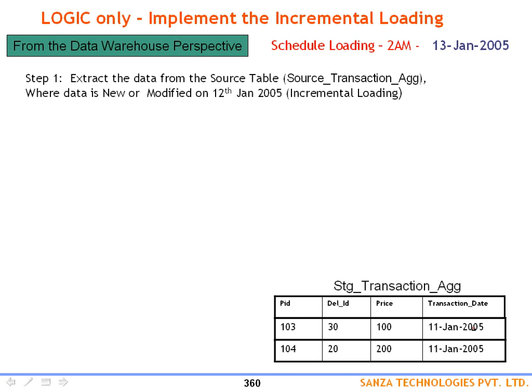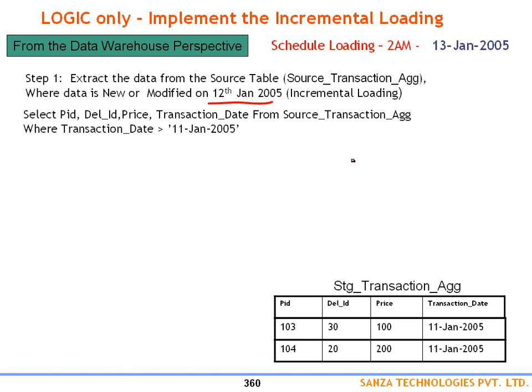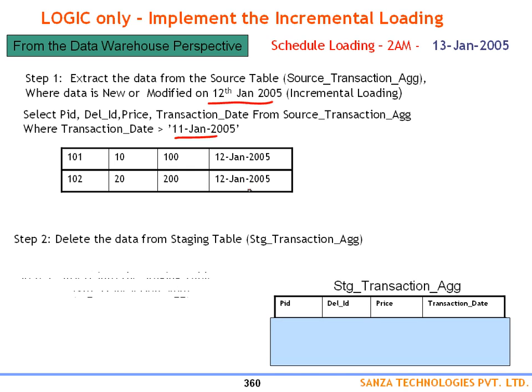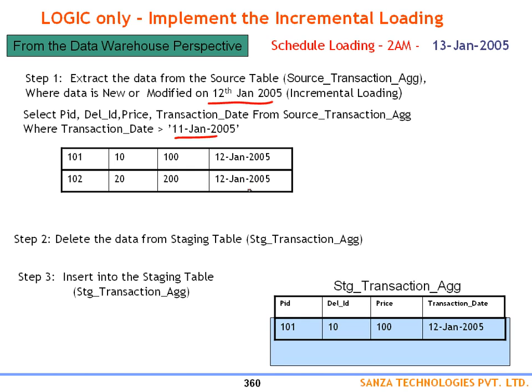So next time we extract the transactions which happened on 12th January 2005. So I will say greater than 11th January 2005, extract it. Then delete the data from my staging and load the 12th January transactions into my staging area.